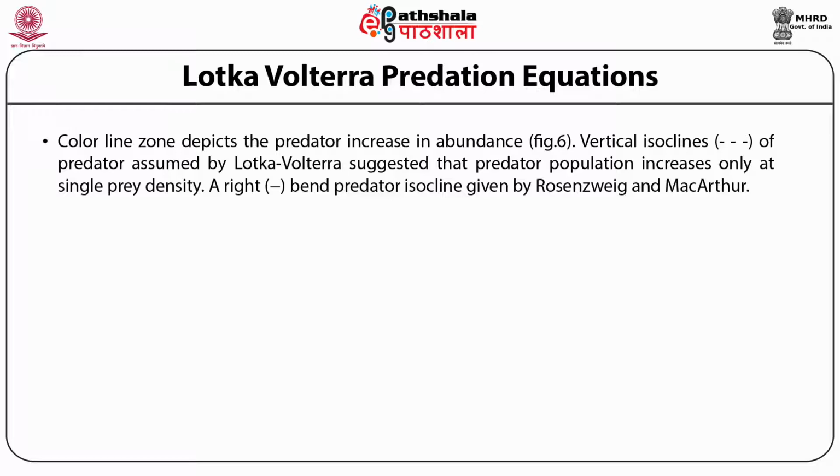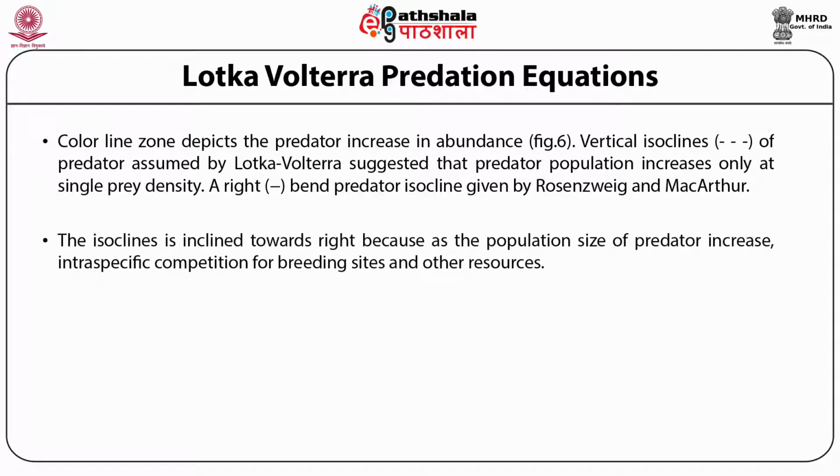The vertical isocline of predator assumed by Lotka-Volterra suggested that predator population increases only at a single prey density. The right line band is the predator isocline given by Rosenzweig and MacArthur.